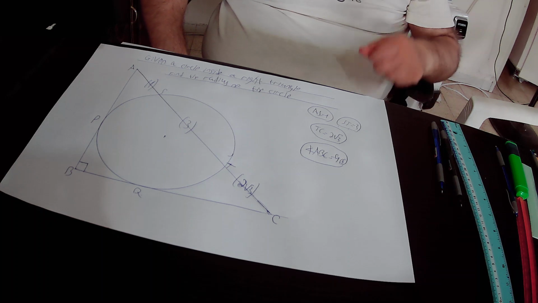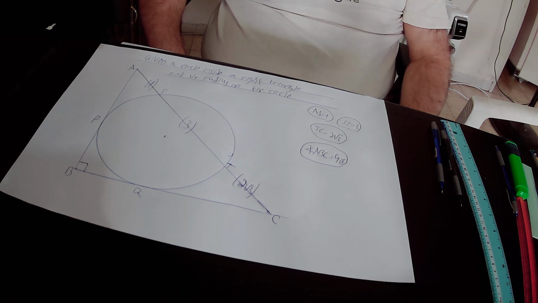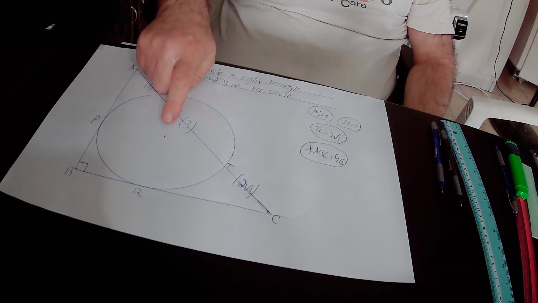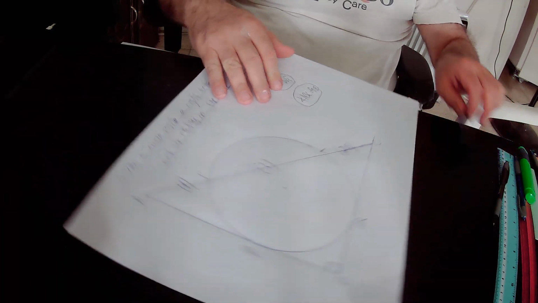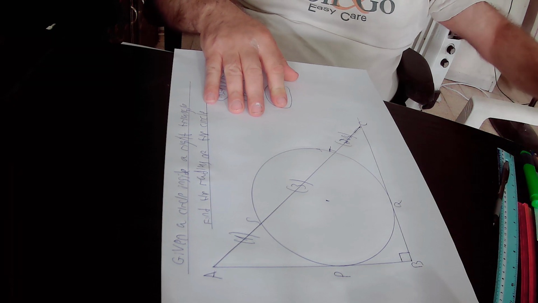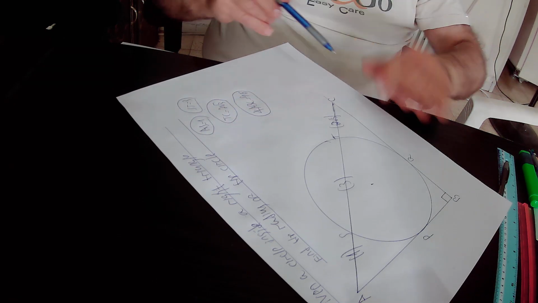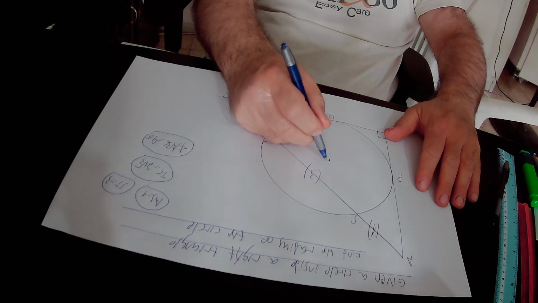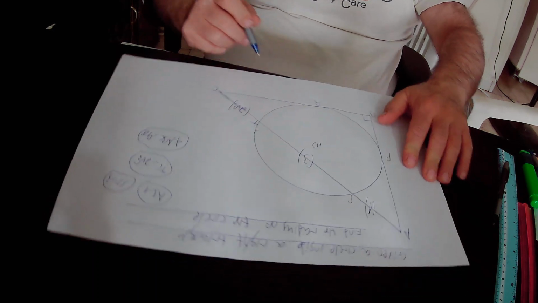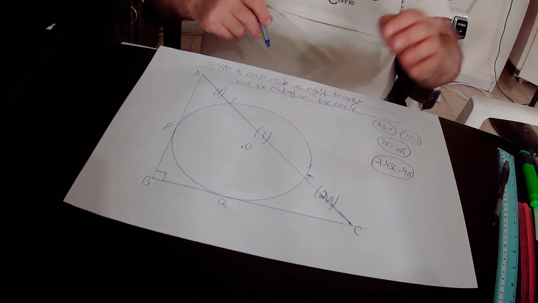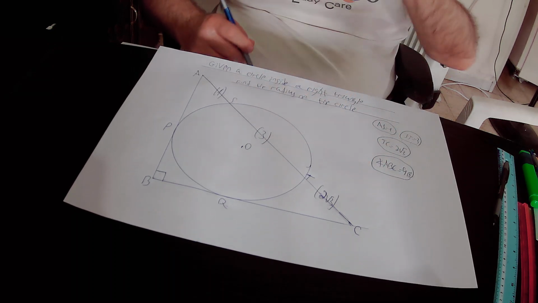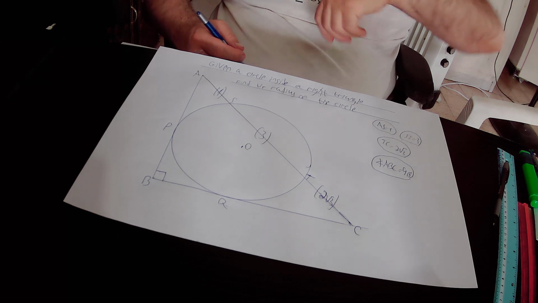So, first of all, we'll define the center of this circle, this point, as O. We'll define the radius of this circle, that is the radius that we are looking for in this question.